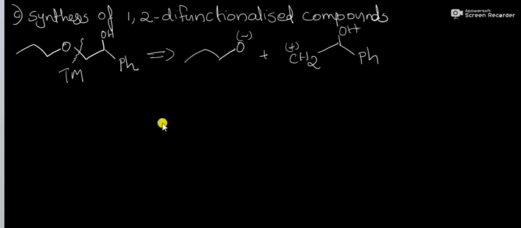Here this synthon can be obtained from alcohol, normal CH3CH2CH2OH, and this alpha beta hydroxy cation can be synthesized from epoxide.